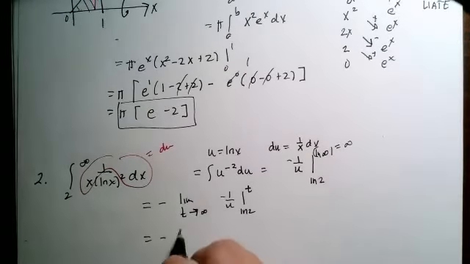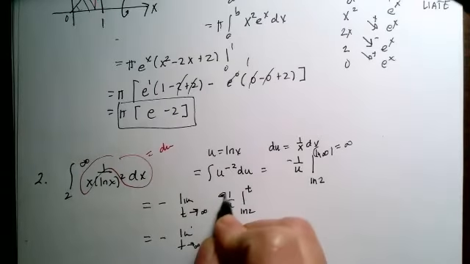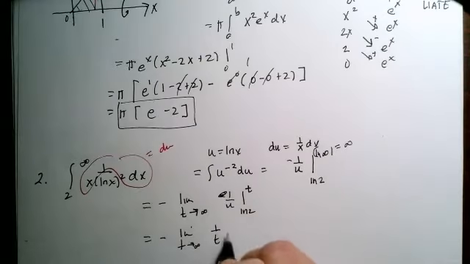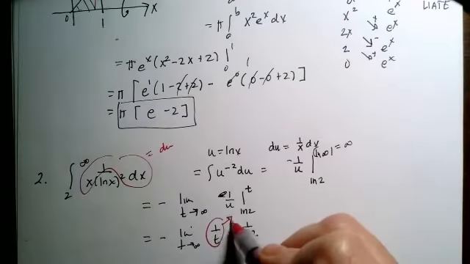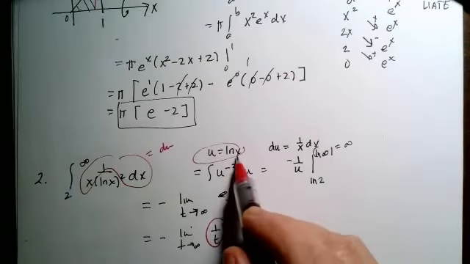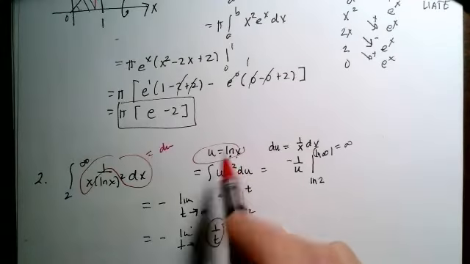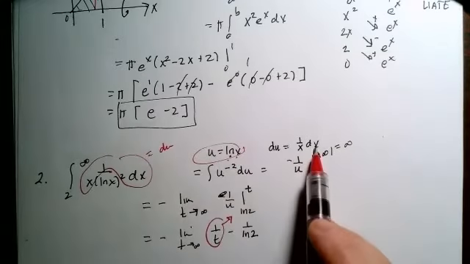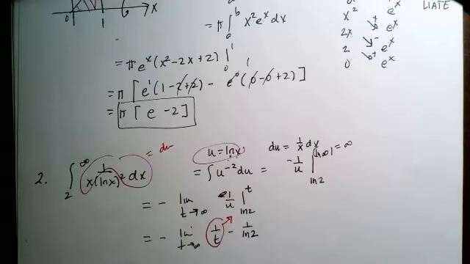And that's going to be the negative limit as t goes to infinity. I have two negative signs there. 1 over t minus 1 over the log of 2. Okay, when t goes to infinity, where is this going? 0. Because it's in terms of u. U is the log of x, so it's the log of 2 and the log of infinity.